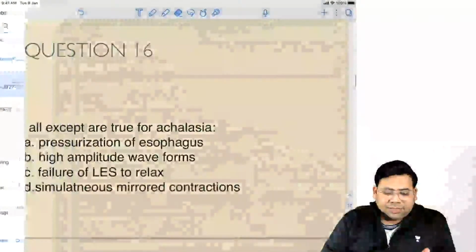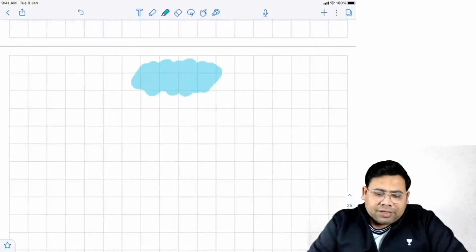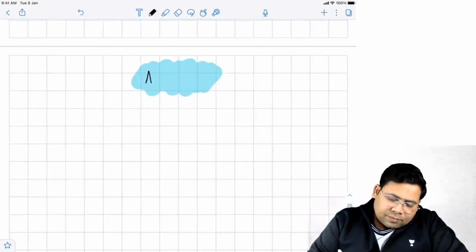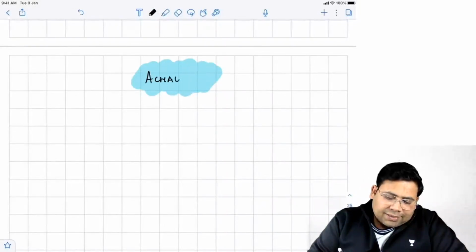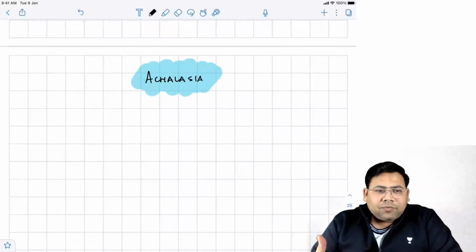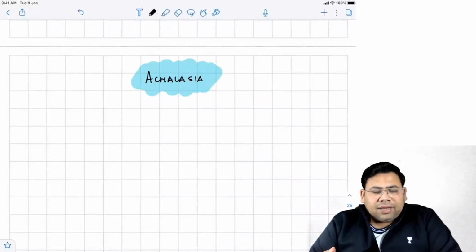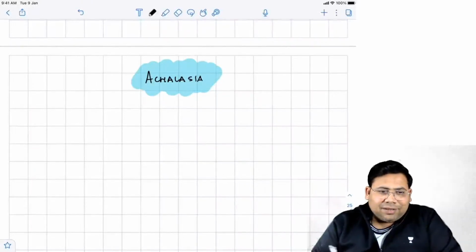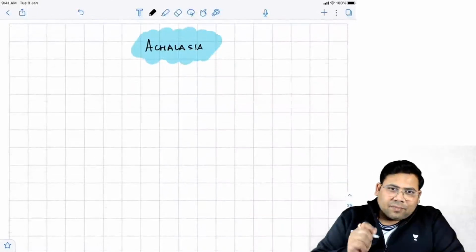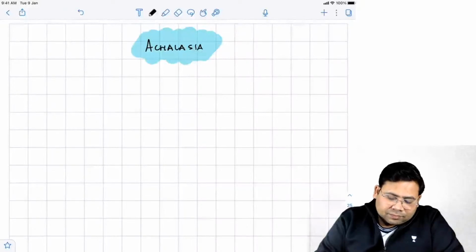Let us try to understand the concept of Achalasia. This is a very easy thing. What happens in Achalasia?